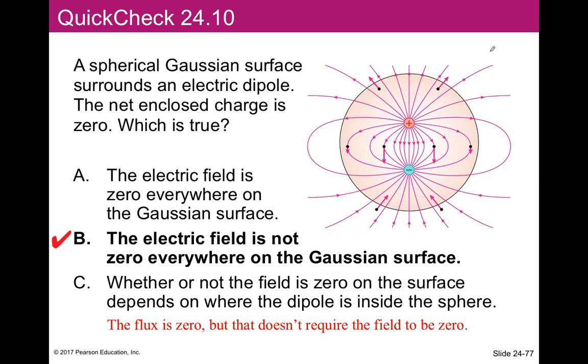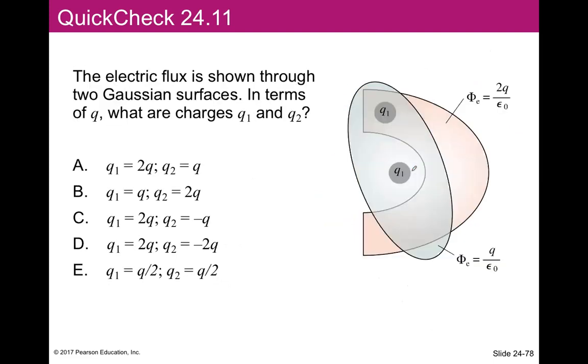Flux can be zero then? The flux must be zero, yeah, if the charges are the same. And what about this example?